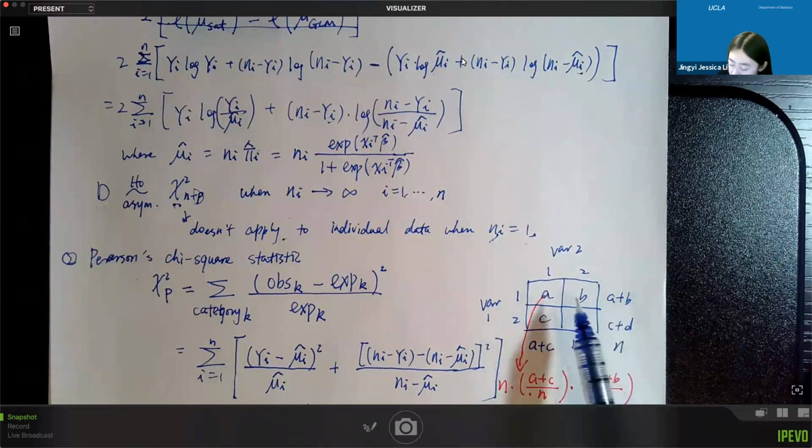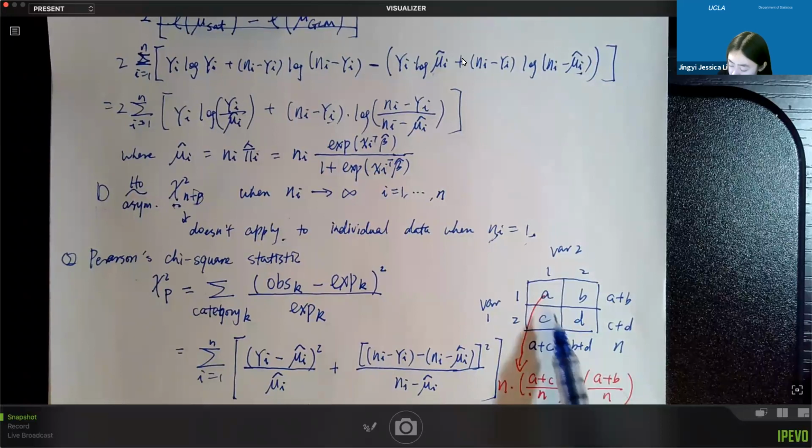Given this count matrix, we can summarize the marginal counts for variable 1 as A plus B for value 1, C plus D for value 2. For variable 2, the marginal totals are A plus C and B plus D. And the total, A plus B plus C plus D, is set to n.